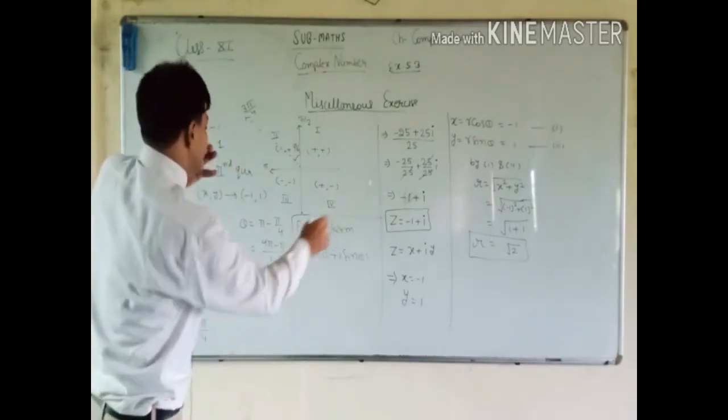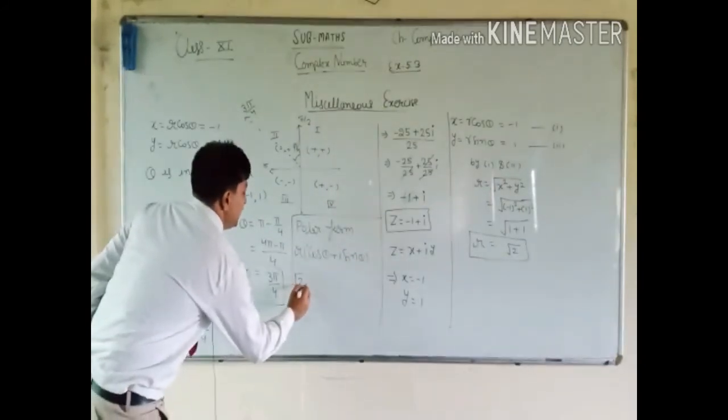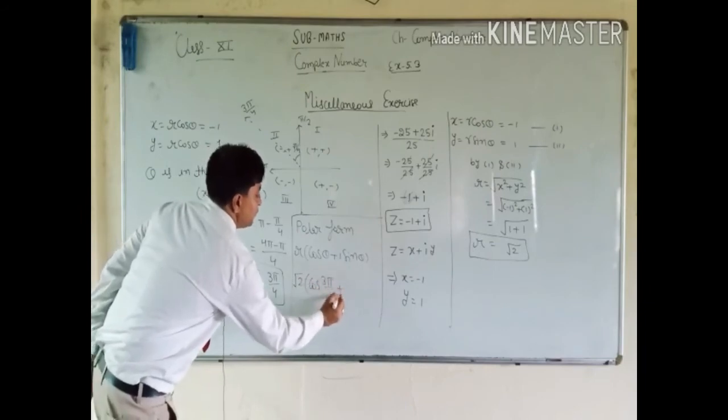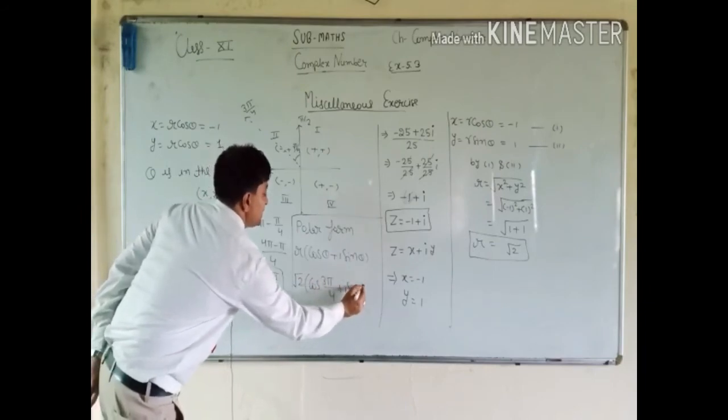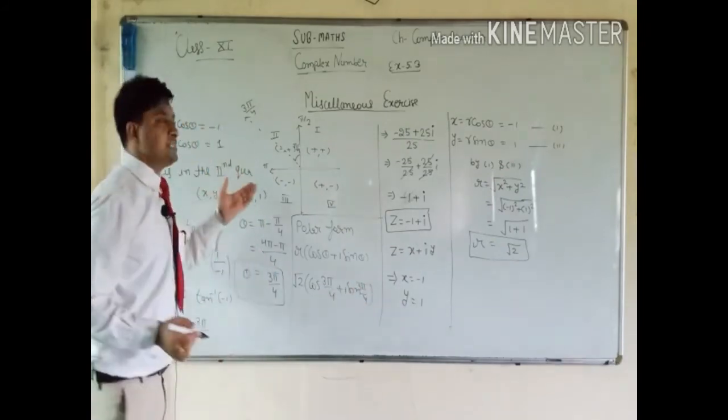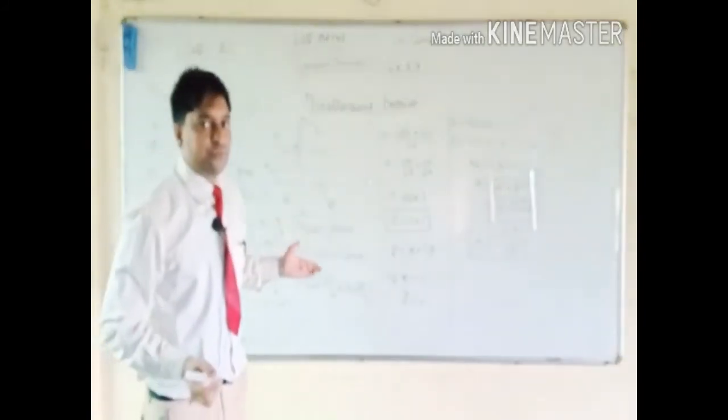The value of r is root 2 and the value of theta is 3 pi by 4. So this is the answer of the question of exercise chapter number 5.